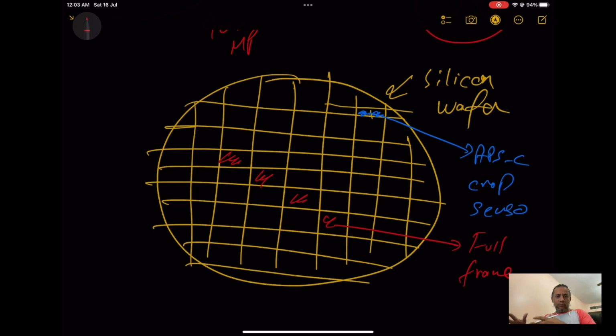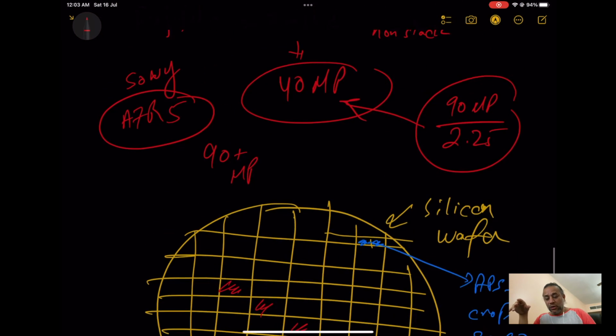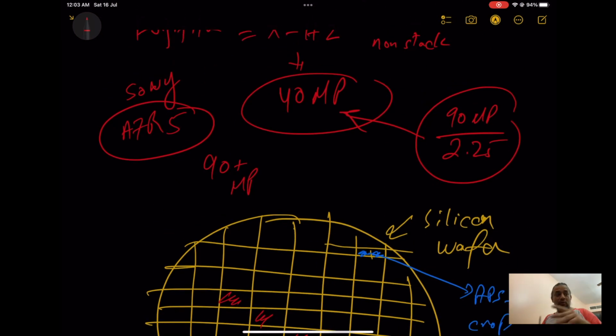So if you are seeing similar output from any full frame camera and crop sensor camera, assume that they are manufactured under the same pixel size. That's how it is. So the main question which was asked was, if we use a crop sensor lens on full frame, how is it going to behave?